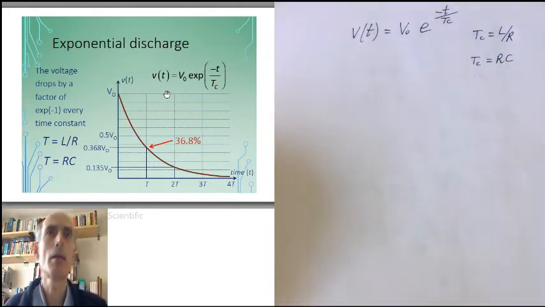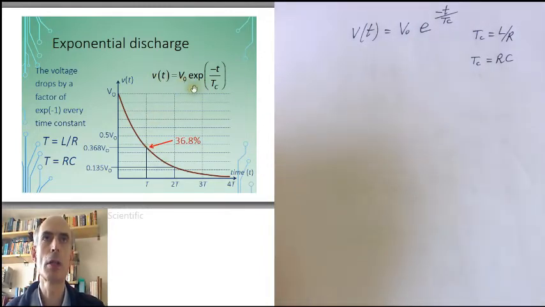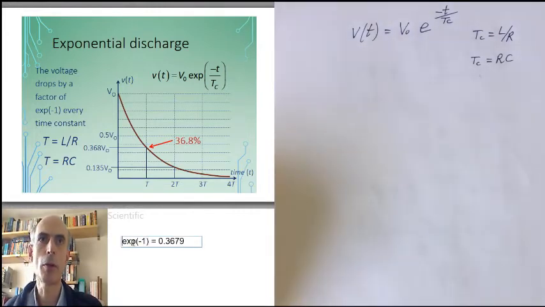Now, after one time constant, the value of the voltage has dropped by a factor of e to the power of minus 1. Because when t is equal to tc, the time constant, then this would just be e to the power of minus 1. And e to the power of minus 1 is 0.3679.